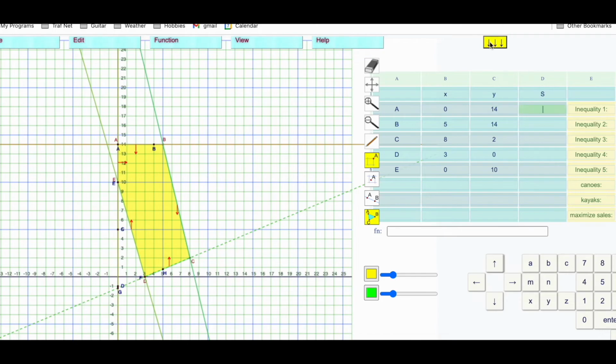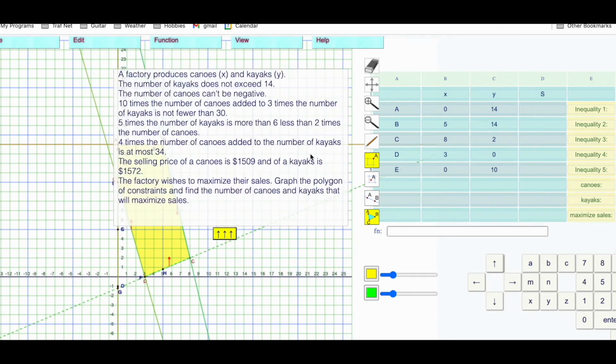The canoes are selling for $1,509, so sales equal 1,509 times the number of canoes we sold, and the kayaks are selling for $1,572 times the number of kayaks we sell. Take that and fill this down. We want to maximize sales.